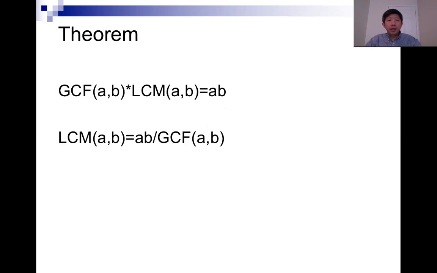And here is also a theorem. The theorem says that if you take the GCF times the LCM, it is equal to the two numbers multiplied by each other. So therefore, if I want to find the LCM, once I find the GCF, I can multiply the two numbers together and then divide by the GCF to find the LCM.